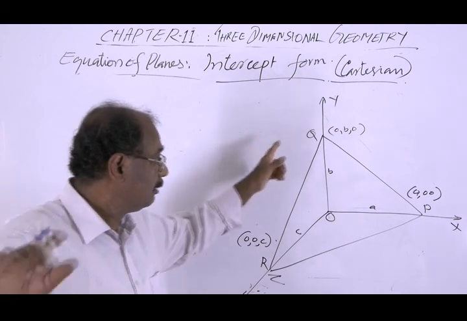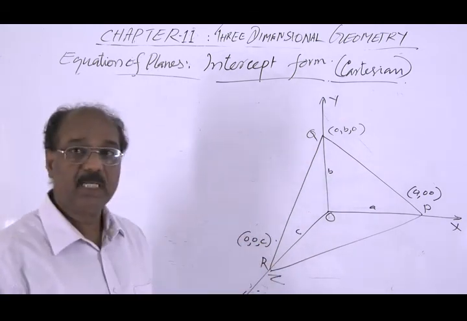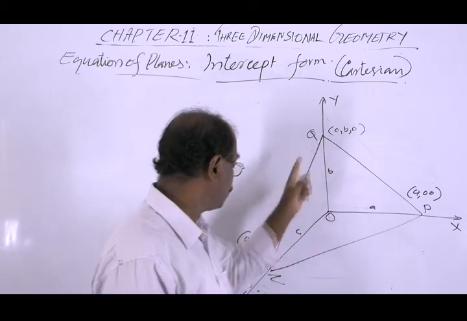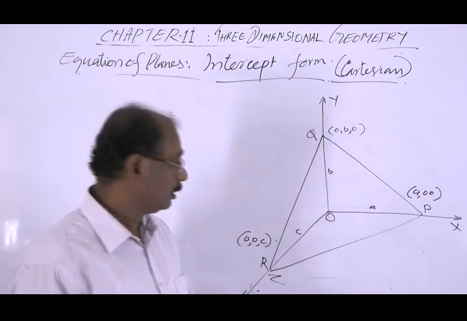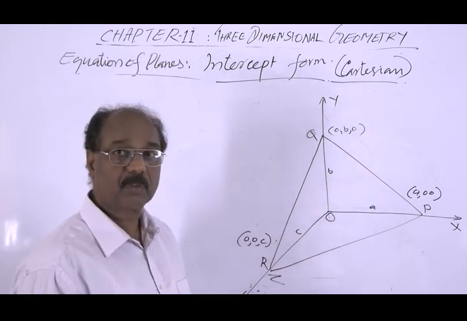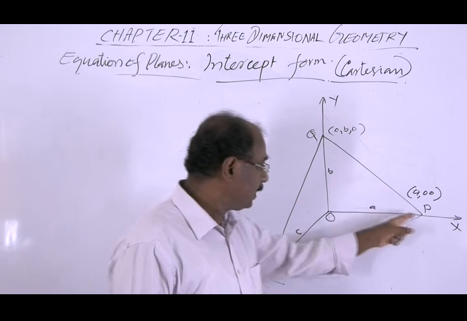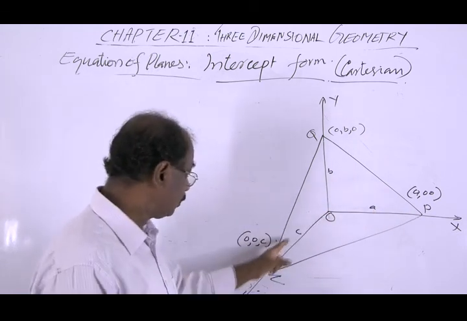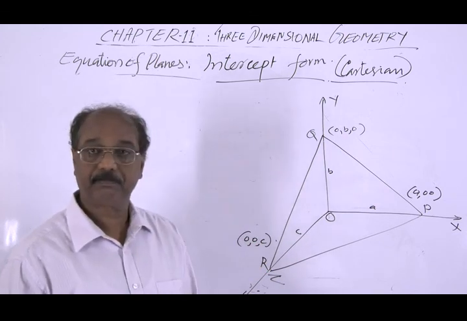So suppose this is the plane intersecting the 3 axes at 3 points P, Q and R. So this is the x-axis, this is the y-axis, and this is the z-axis. Suppose OP is equal to small a, OQ is equal to small b, and OR is equal to small c, the distances.